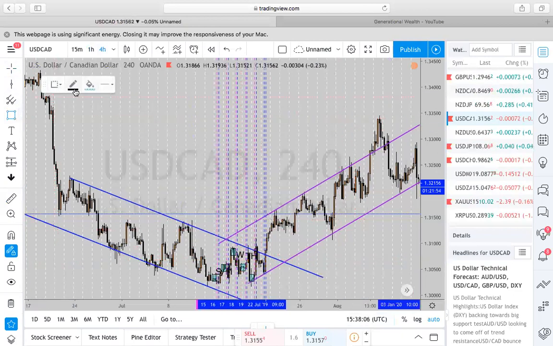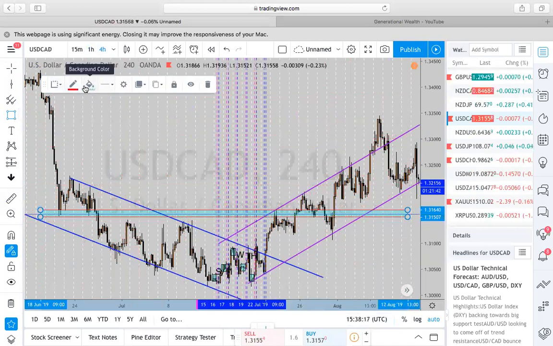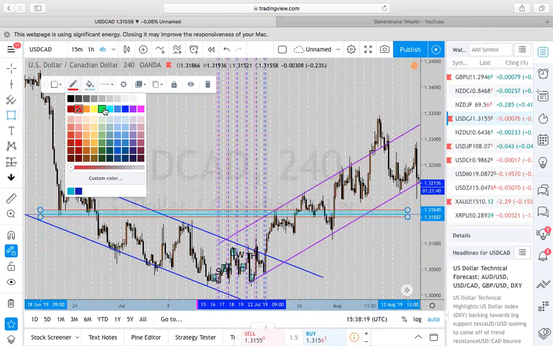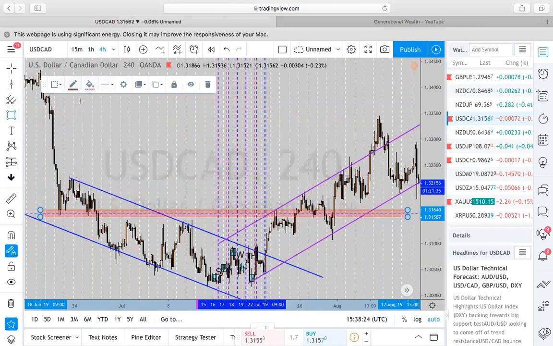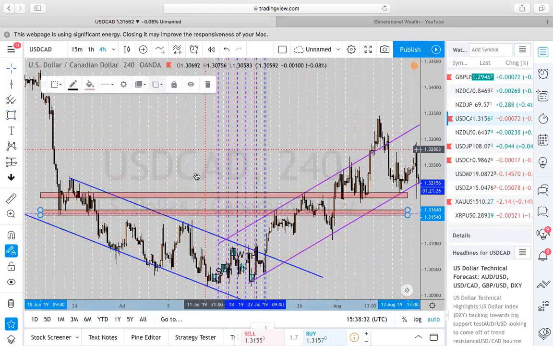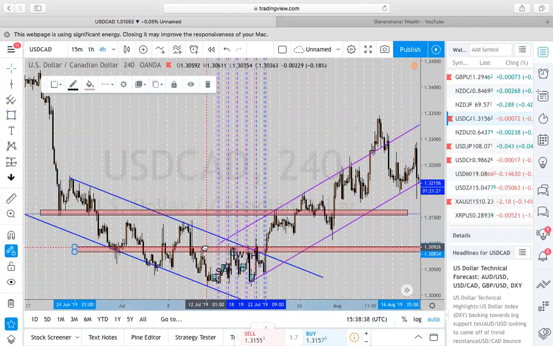Remember our zones, we had this red. So what retail traders would call support and resistance, we do not, we call them zones. So I want to identify some important zones.